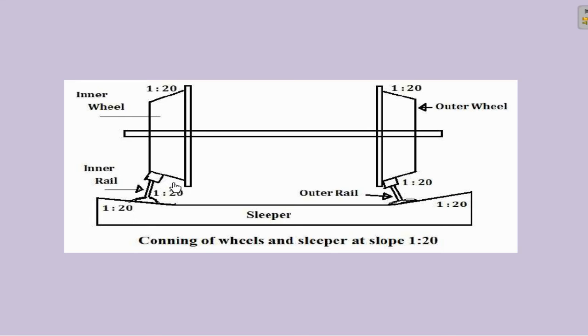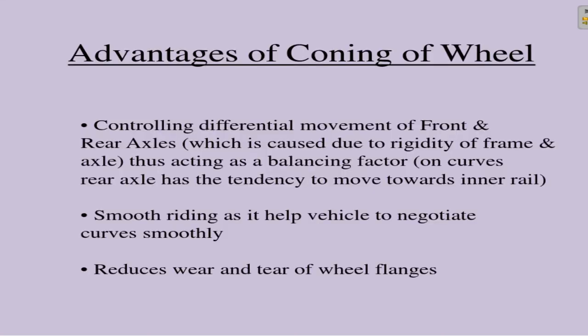Here you can notice some distance and here there is no space in between, because in order to keep the railway wheel in position, we are giving the slope. Because of the slope only, it is not going away from the track. This is what is actually happening in the real scenario.